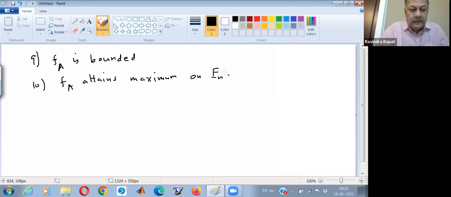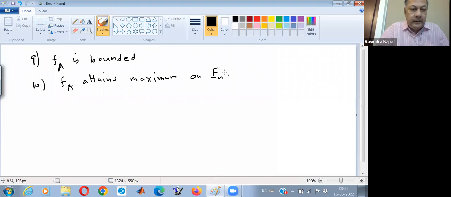But the subtle point is that f_A is continuous if you restrict yourself to the interior of E_n. There's no problem because all the operations are continuous. But when you go to the boundary, then zeros come, and then it is not clear. It's actually not true that f_A is continuous on the boundary.